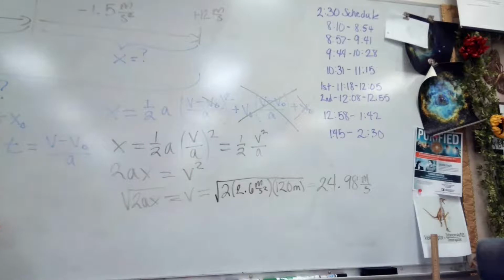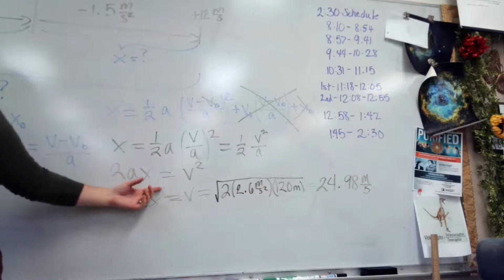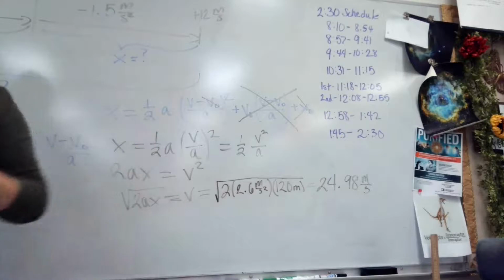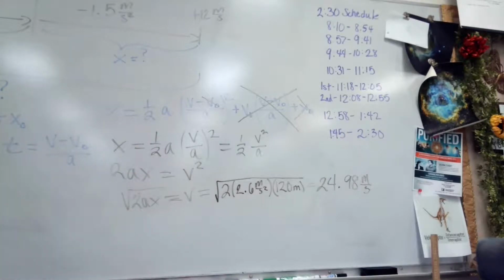I'm hoping that you guys are at least at the point where you can see how combining these two equations gave us something way simpler, right? And so a lot of times, if we can do it in variables, it's going to give you a lot easier answer in the long run. Okay? Everybody good? All right.